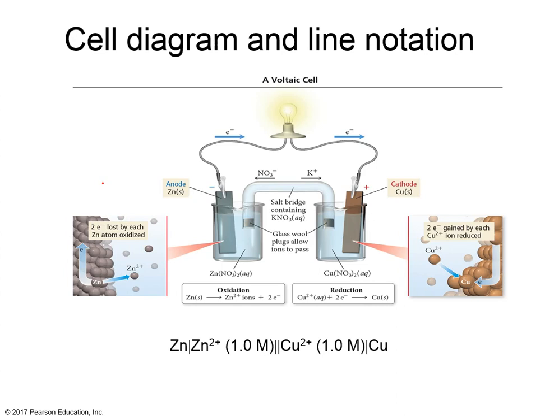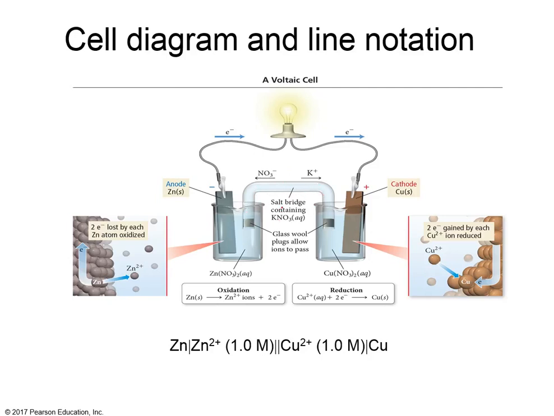Here what we are doing is we have a zinc strip but in zinc sulfate. So each strip is put in its own solution. Here we have a copper strip in copper nitrate. So we have separated the two solutions by a salt bridge.